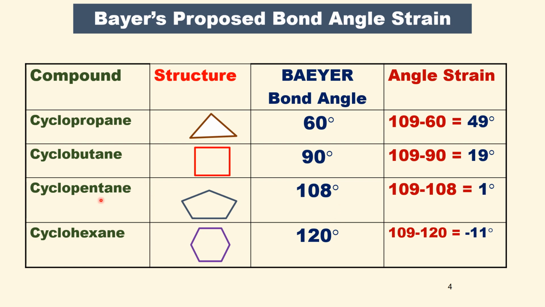It exists, it can be easily prepared. Let us see cyclohexane. In cyclohexane, the bond angle between carbons is 120 degrees. What is the deviation? 109 minus 120 degrees, that is minus 11 degrees.